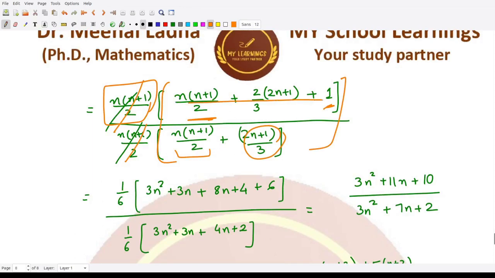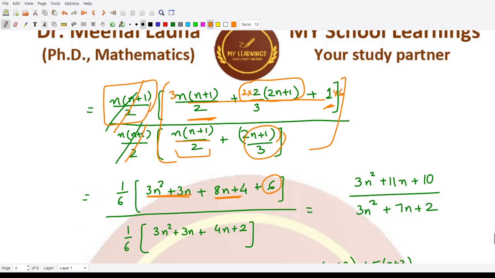Here you can simplify the terms. You can take 6 as the LCM and take it outside, so it would become 3n into (n+1), which you can solve. Here it would become 2 into 2 into (2n+1), which would be 8n + 4, and here it would be 1 into 6, which would be 6 after taking the LCM.